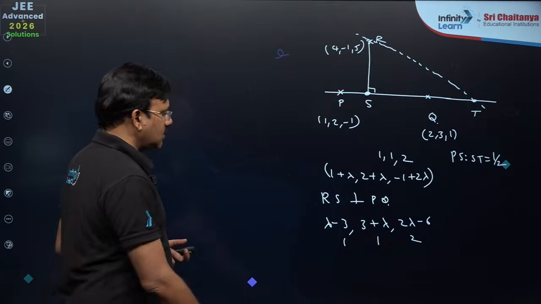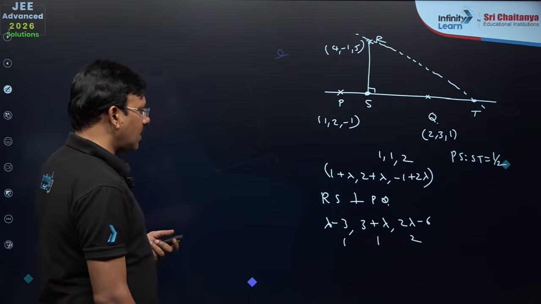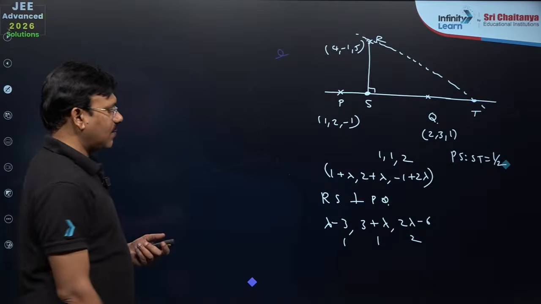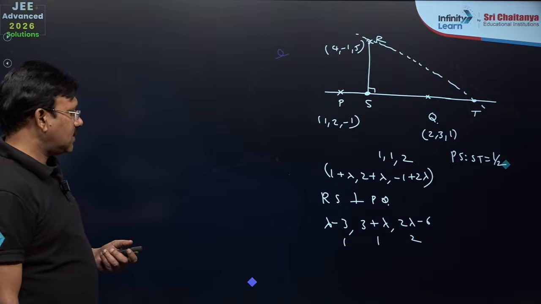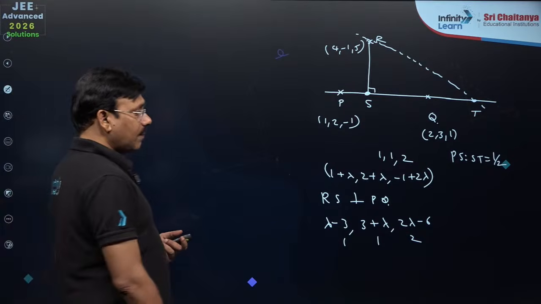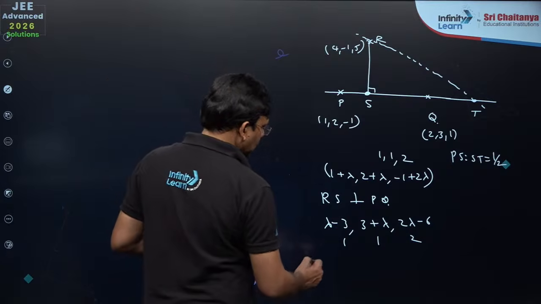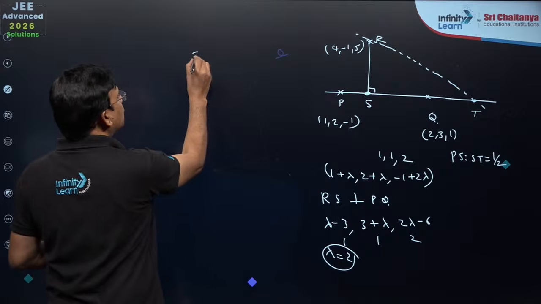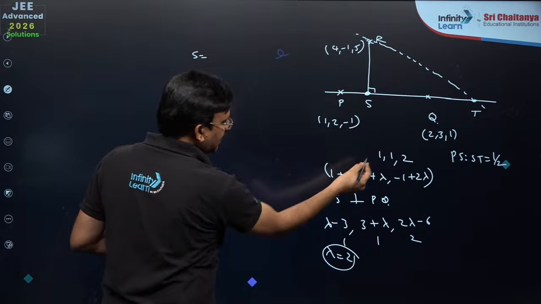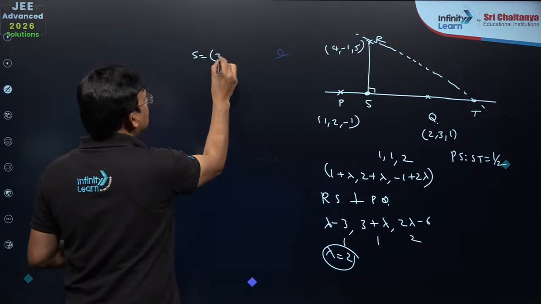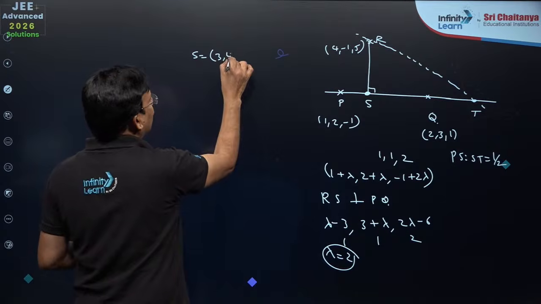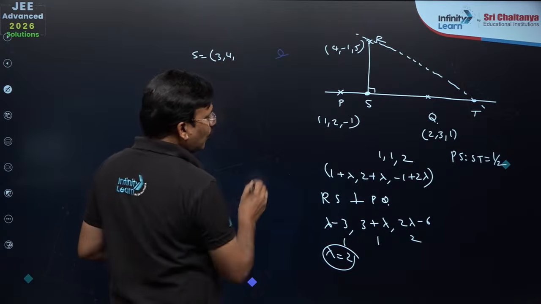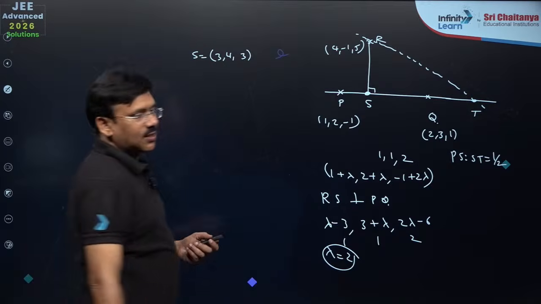So the dot product is 0, in the sense lambda minus 3 plus 3 plus lambda plus 4 lambda minus 12, 6 lambda minus 12 equal to 0. So lambda is equal to 2. If lambda is equal to 2, you can observe the point S is (3, 4, 3).